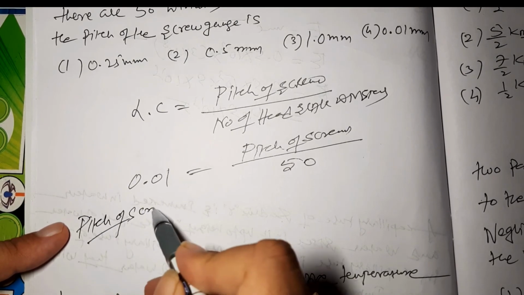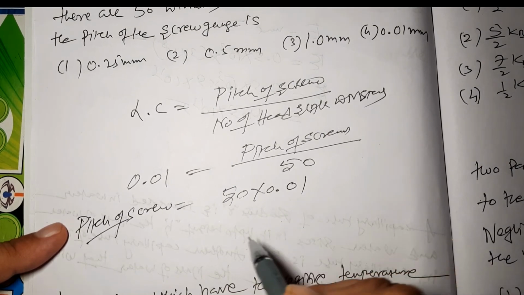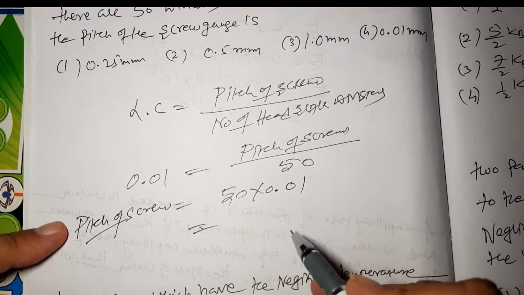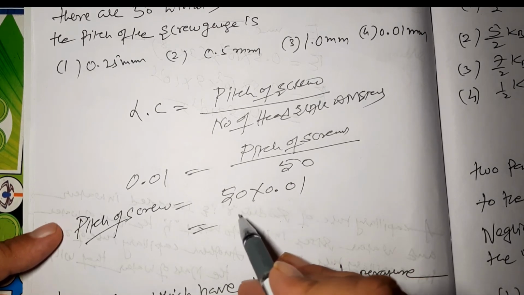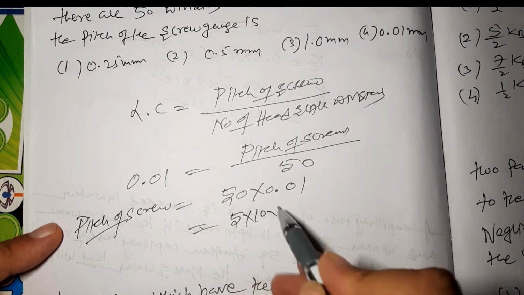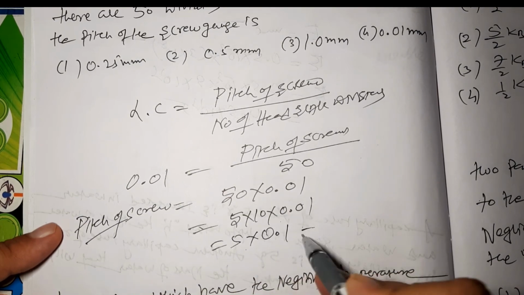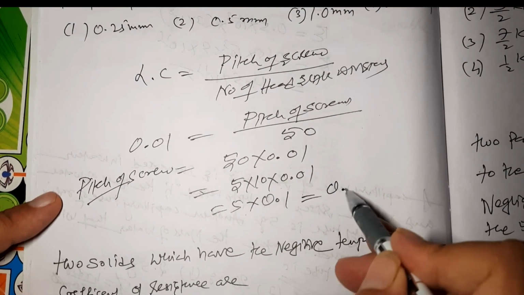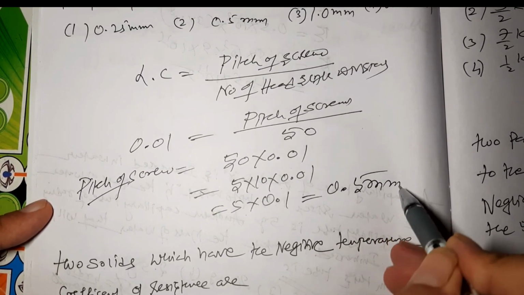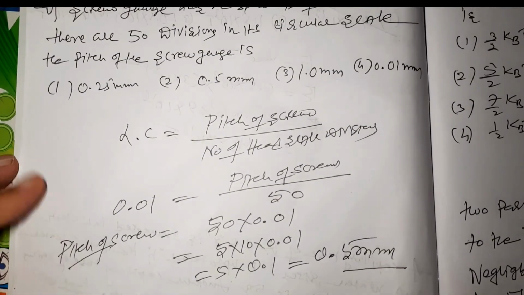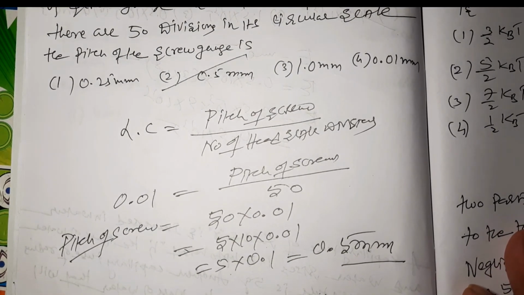Pitch of screw is equal to 50 into 0.01, that is 5 into 10 into 0.01, that is 5 into 0.1, which is 0.5 millimeters. So our correct option is the second option.